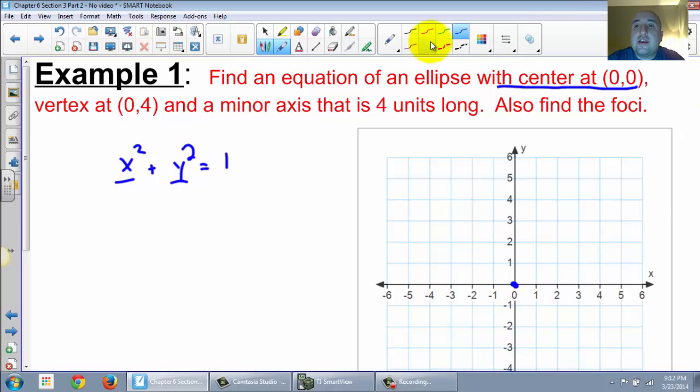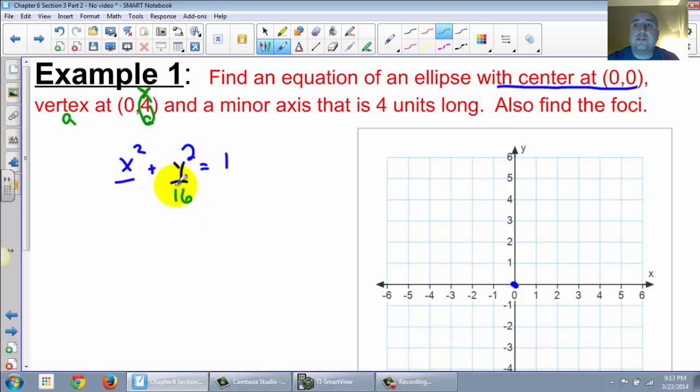Next, it is saying that our vertex, remember from part 1, vertex is little a. And it's in the x or the y position. Notice that this 4 is in the y position. So if a is equal to 4 and it's in the y position, 4 squared would be 16.